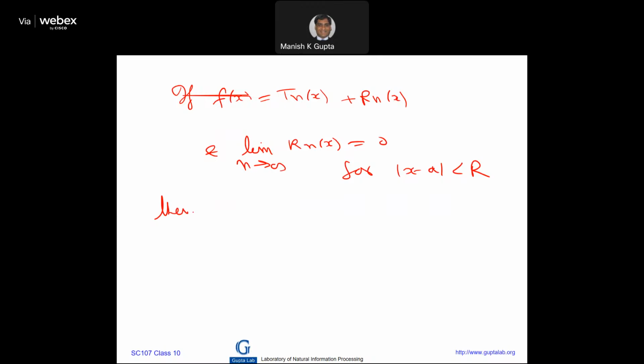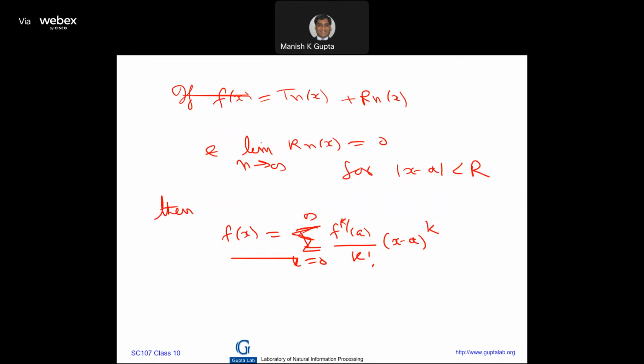In that case, there is a series expansion, summation k equal to 0 to infinity, kth derivative of f at a divided by factorial k, times x minus a raised to power k. This is the main thing I want to show: that this remainder goes towards 0 for mod of x minus a less than some value capital R. I'll find out capital R later on, right? Okay. So that is known as the radius of convergence.